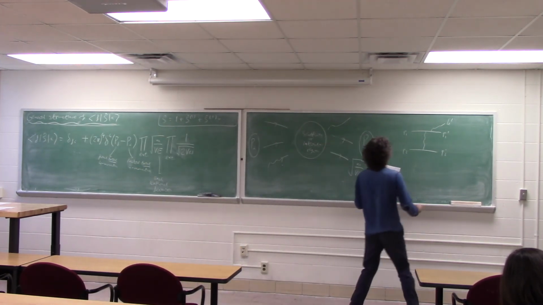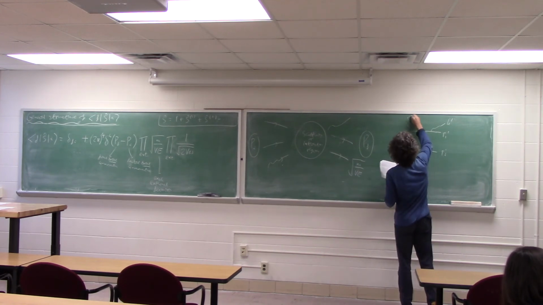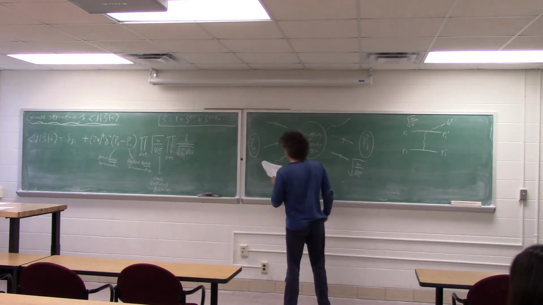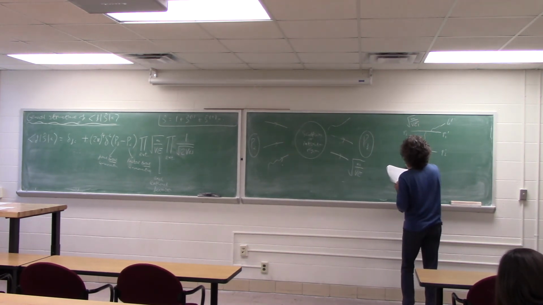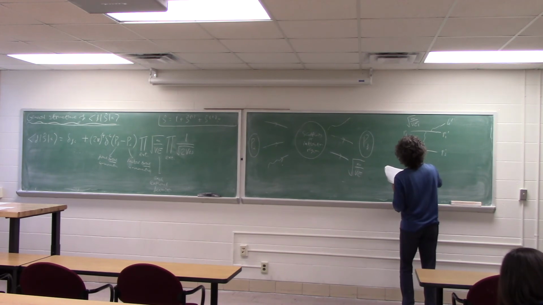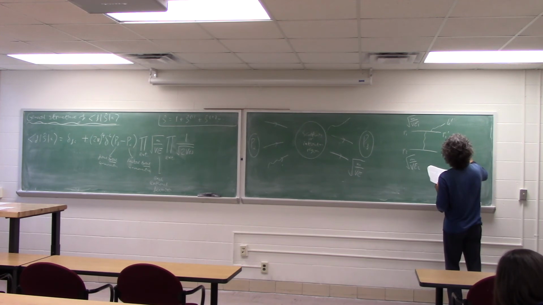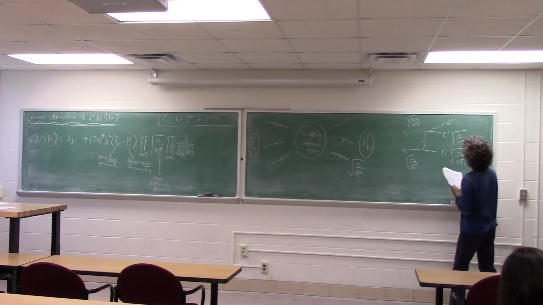So in this case, this will give me a factor root m over VE1. Here there will be a factor root m over VE2. Here there's a factor root m over VE2 prime. Here there's a factor root m over VE1 prime.